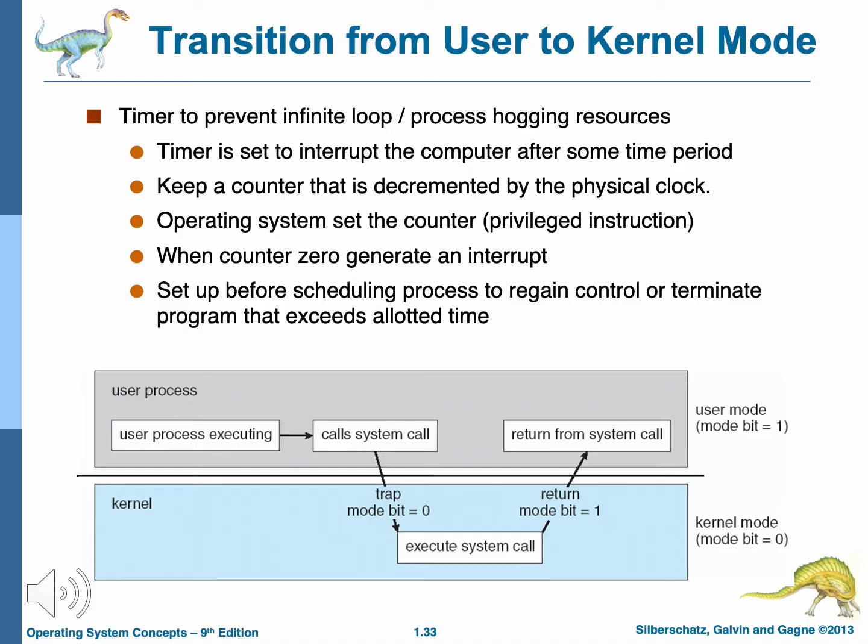For instance, a 10-bit counter with a 1 millisecond clock allows interrupts at intervals from 1 millisecond to 1024 milliseconds in steps of 1 millisecond. Before turning over control to the user, the operating system ensures that the timer is set to interrupt.